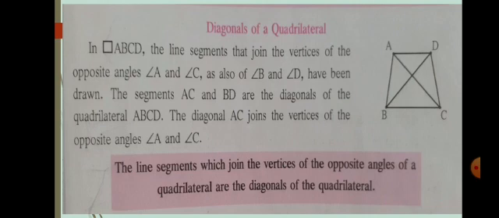The diagonal AC joins the vertices of the opposite angles, angle A and angle C. The line segments which join the vertices of the opposite angles of a quadrilateral are the diagonals of the quadrilateral. So children, today we saw about adjacent angles of a quadrilateral, opposite angles of a quadrilateral and diagonals of a quadrilateral. Let's move further. Let's see the activity.